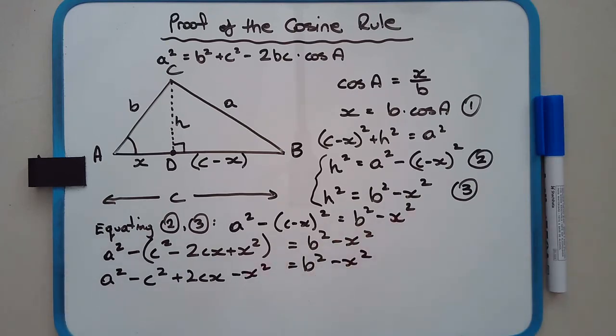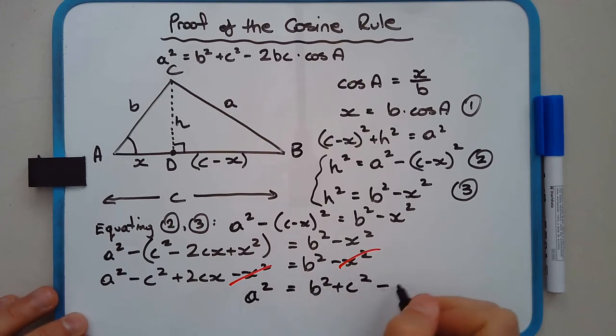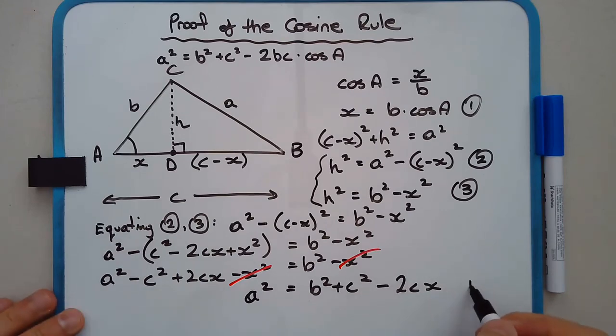Now you can see that we can straight away eliminate the x squareds from both sides. And while we're at it, let's move the negative c squared and the positive 2cx over to the right-hand side. So we have a squared is equal to b squared plus c squared minus 2cx. Let's call this equation number 4.